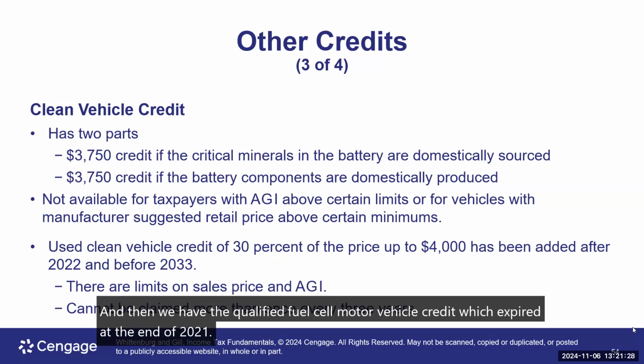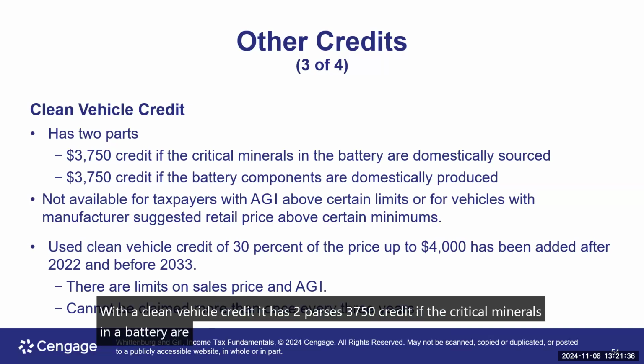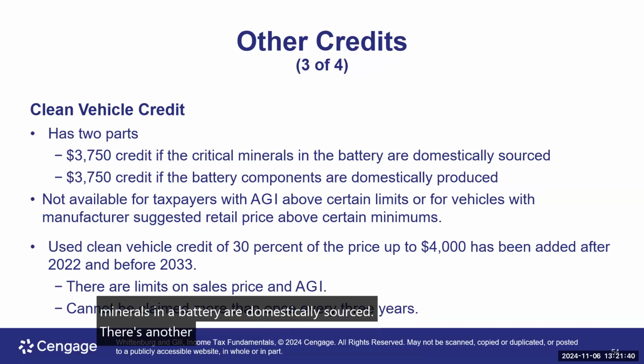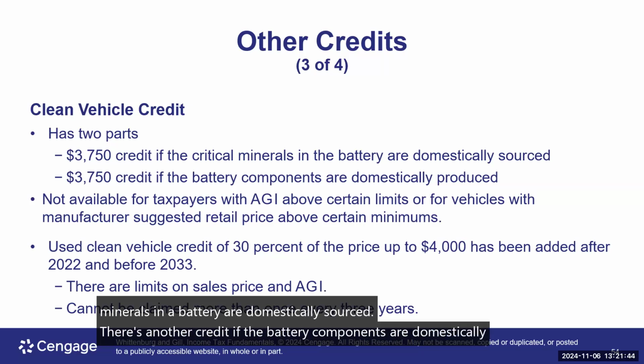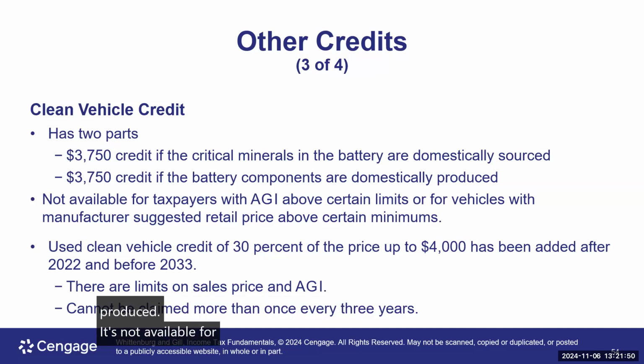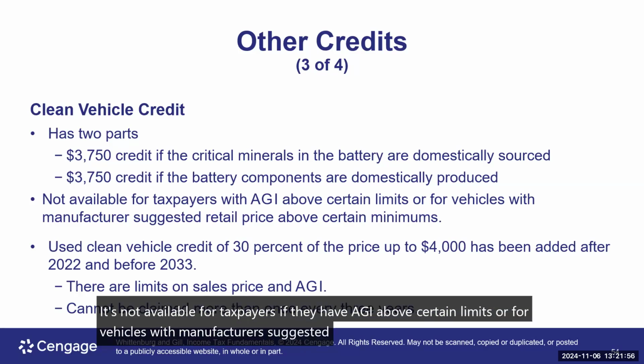The clean vehicle credit has two parts. There's a $3,750 credit if the critical minerals in the battery are domestically sourced. There's another credit if the battery components are domestically produced. It's not available for taxpayers if they have AGI above certain limits or for vehicles with manufacturer suggested retail price above certain numbers.